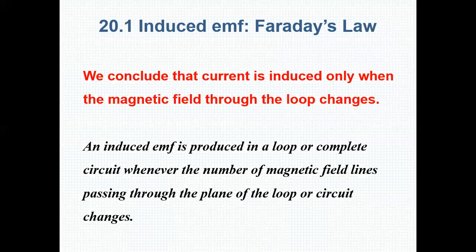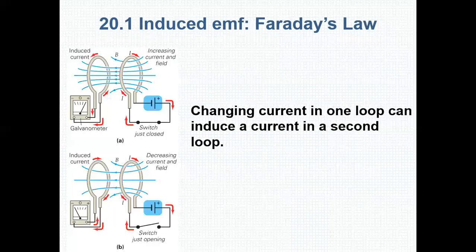If there is no change in magnetic field lines through the surface of the closed circuit or conducting loop, induced current will not be produced. When there is a change in magnetic field, induced current will be produced. This is the conclusion.